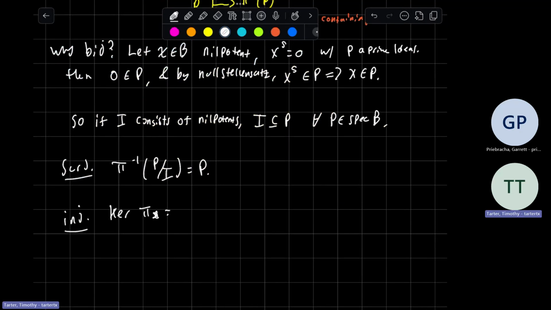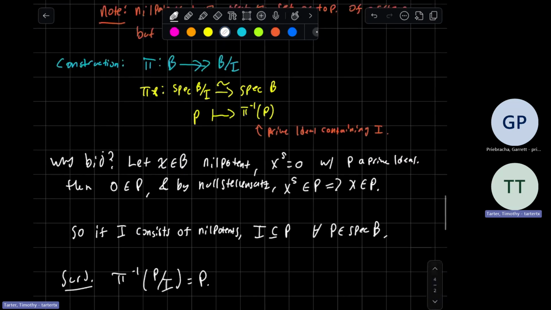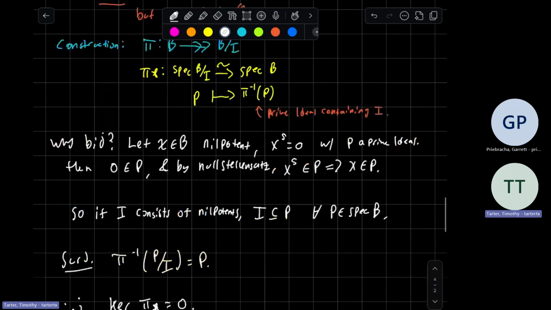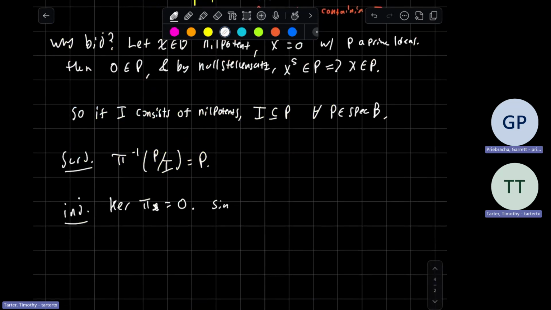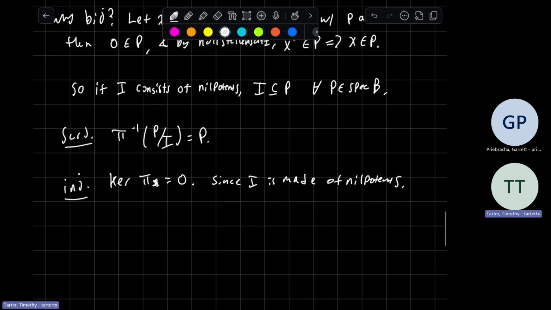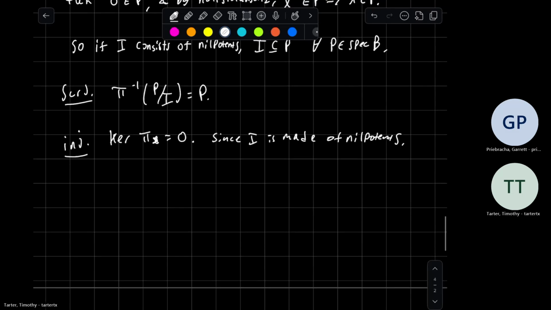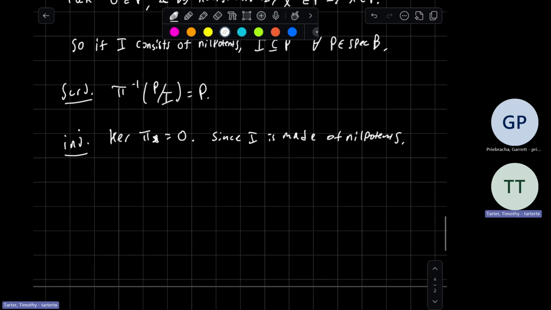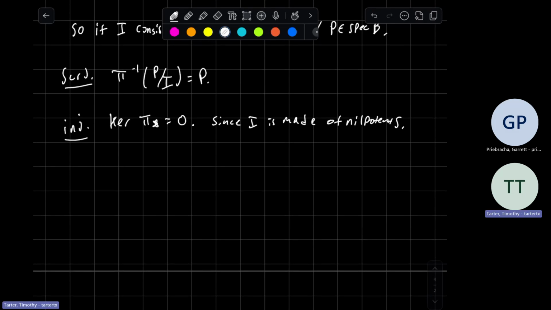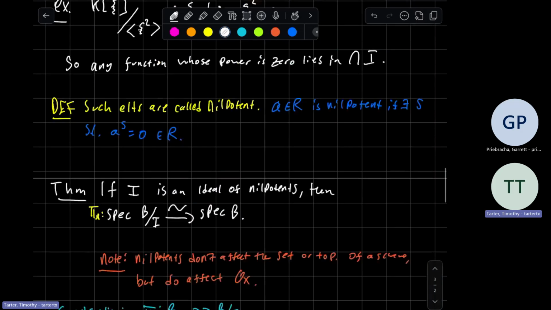The kernel of pi star is equal to 0 because it's all of the nilpotent elements. Okay, and so then that's that.